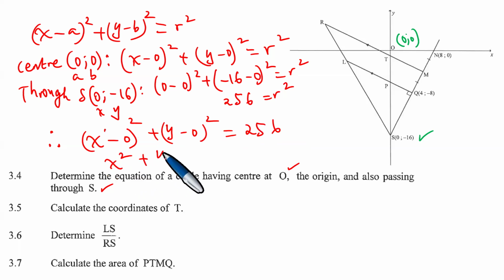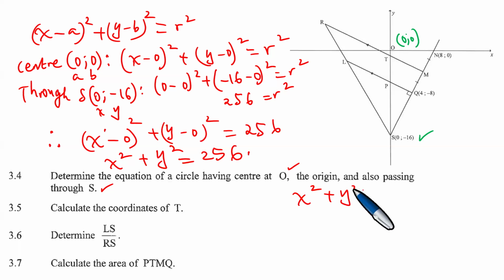So x squared plus y squared is 256. We wanted the equation of a circle having center at the origin and also passing through S, and that equation is clearly x squared plus y squared is equal to 256, like this.